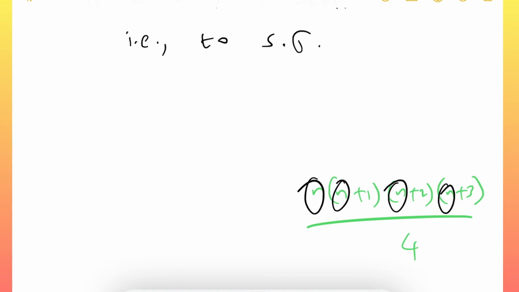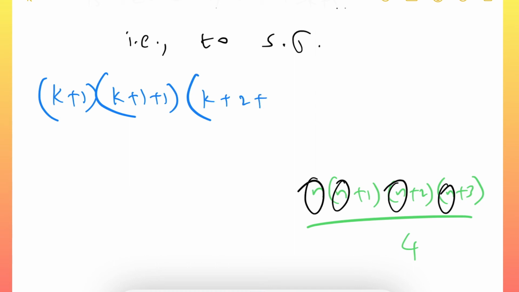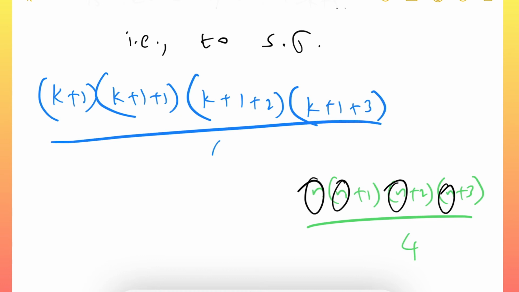Let us substitute now. First n is there, so k plus 1, into n plus 1 which is k plus 1 plus 1, into n plus 2 which is k plus 1 plus 2, into n plus 3 which is k plus 1 plus 3, whole divided by 4.